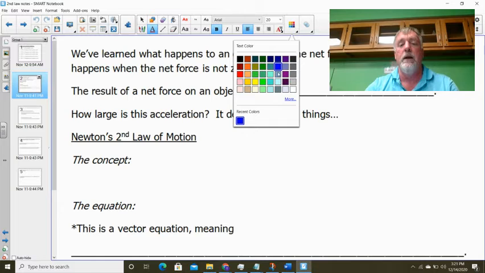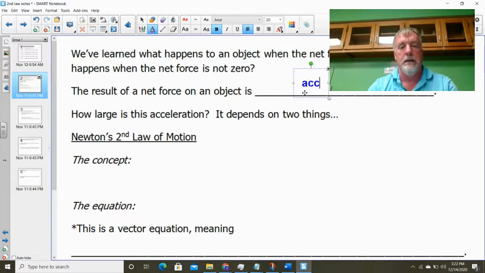Acceleration. And how large is this acceleration? Really here it depends on two things. I want to approach this as more of a conceptual process this time around, as opposed to a math process, and then we'll bring the math in on the backside.